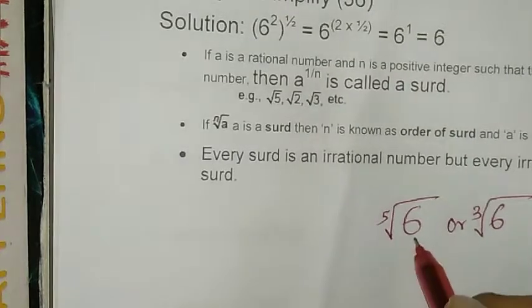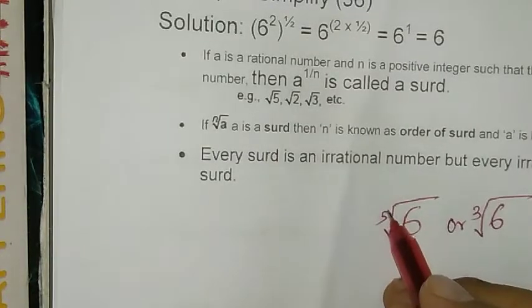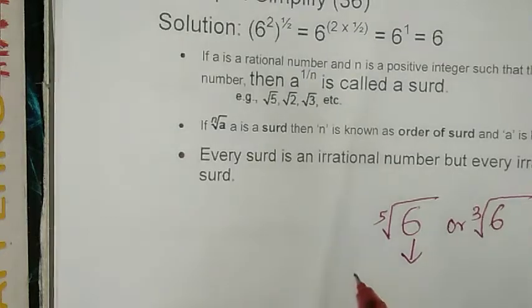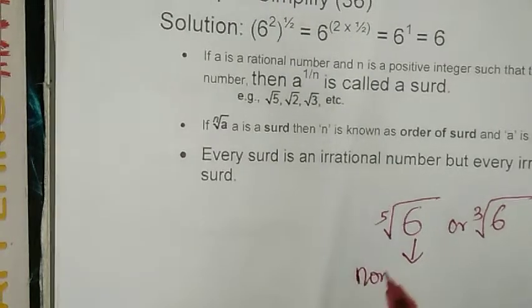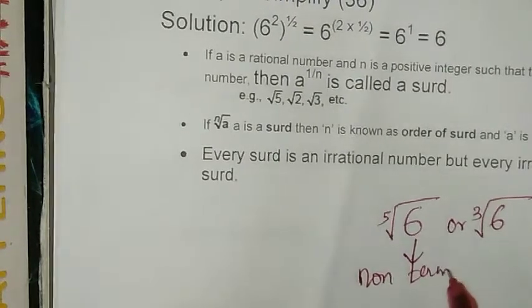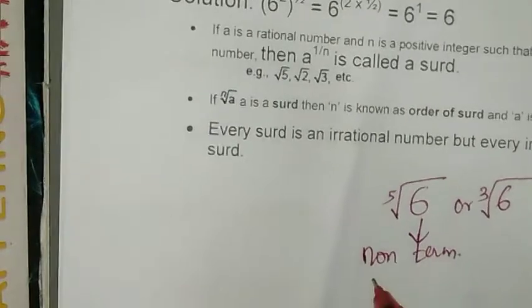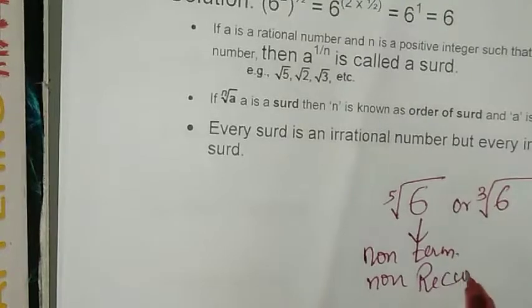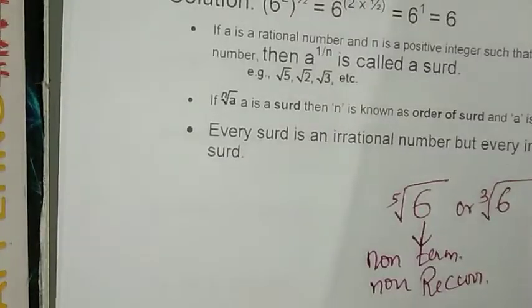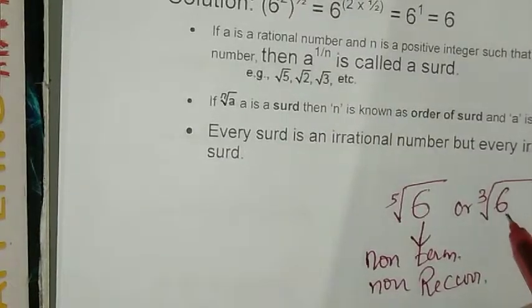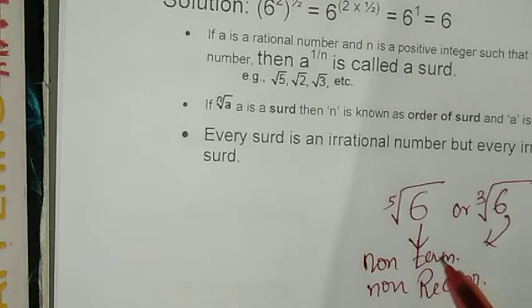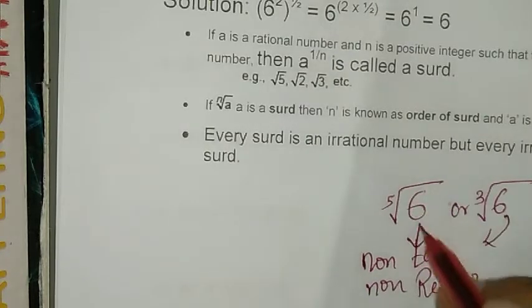If the value of this fifth root of 6 is non-terminating, non-recurring, and the value of this cube root of 6 is of the same nature, non-terminating and non-recurring, then this is called a surd.